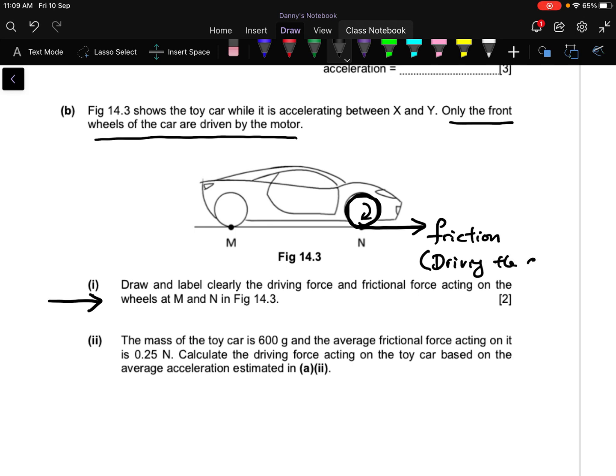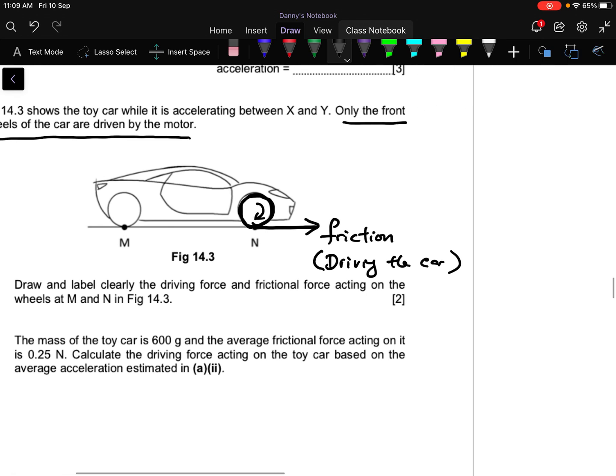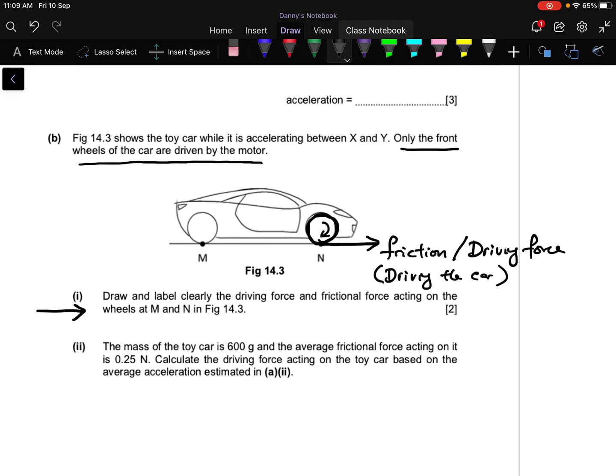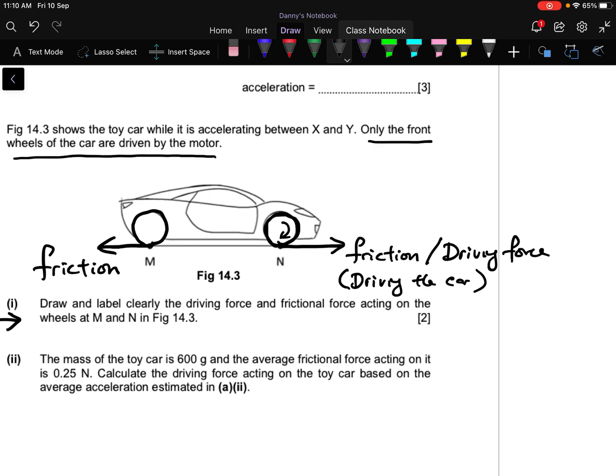And this friction is responsible for driving the car. So in this particular context, you can call this friction the driving force as well. And because the motor is only linked to the front wheel, the back wheel is just dragging along. So as a result, there will be only the frictional force this way.